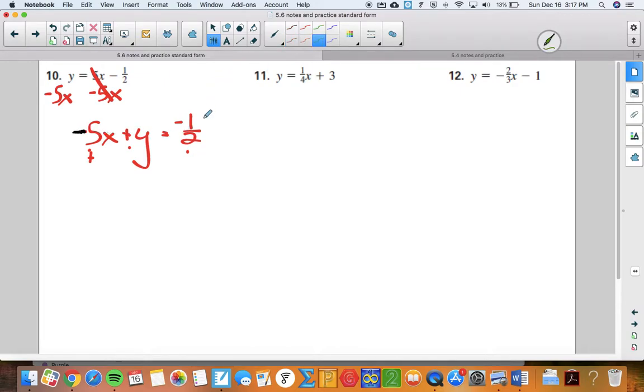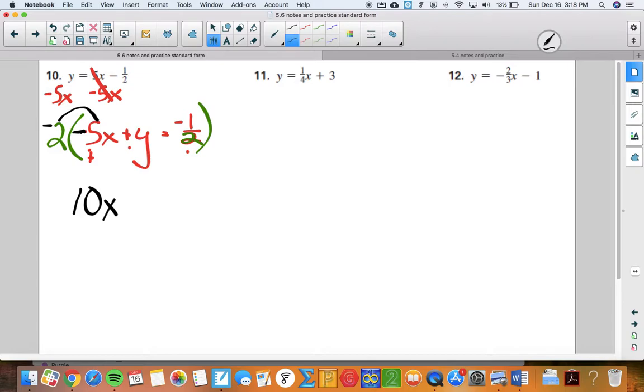And then my other problem is that this is a fraction. So to undo that fraction, to undo dividing by 2, I'm going to multiply by 2. And to undo this negative, I'm going to multiply the negative. In fact, I'm going to have to multiply everything by a negative as well, because a negative times a negative is a positive. So here I get 10x. Awesome.